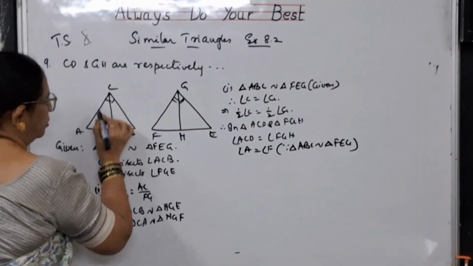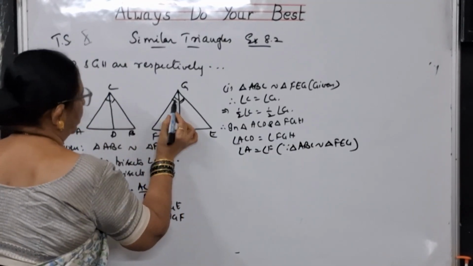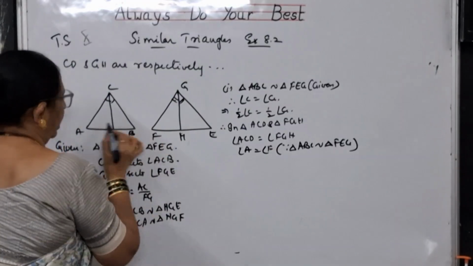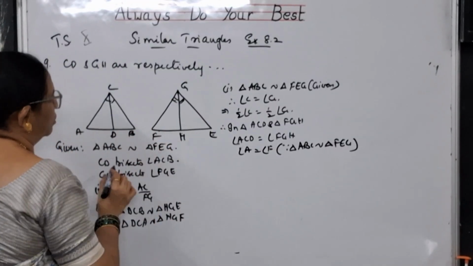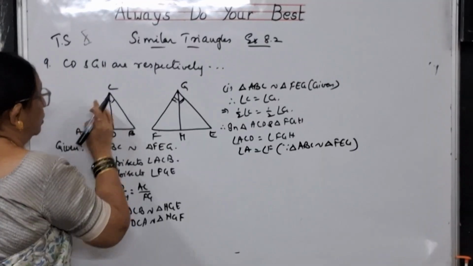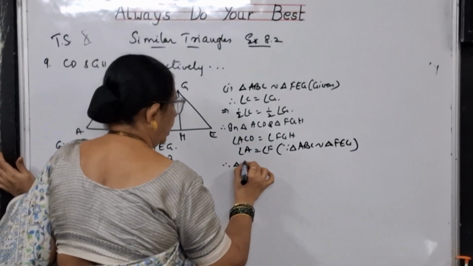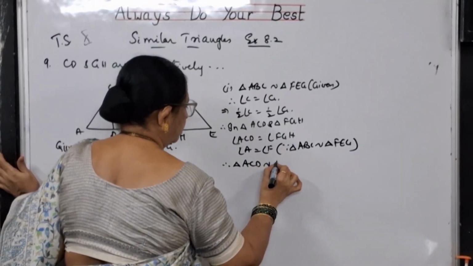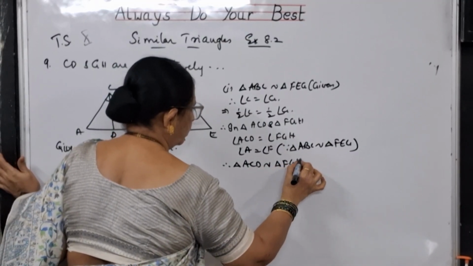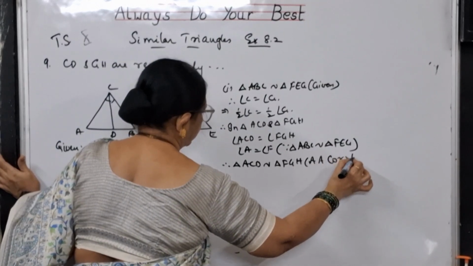In triangle ACD and triangle FGH, these two angles are equal, we have proved, and angle A is equal to angle F because they are corresponding angles of similar triangles. Therefore, triangle ACD is similar to triangle FGH basing on angle-angle corollary.